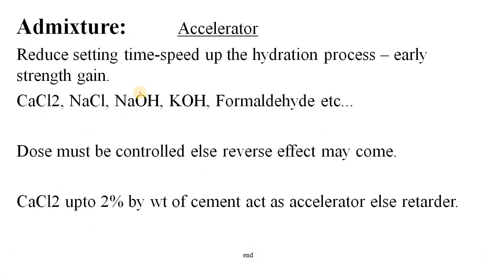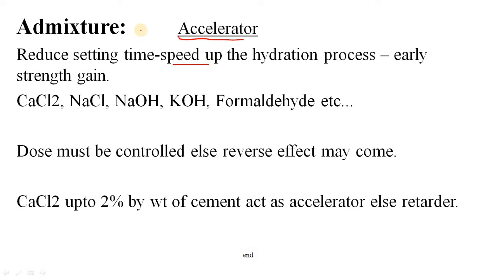The first one is accelerator, okay. So what is an accelerator? Accelerator means you speed up the hydration process, okay. In the case of casting below water, you need to cast the concrete quickly, and also you need to get the hardening property of the concrete in a short time span.